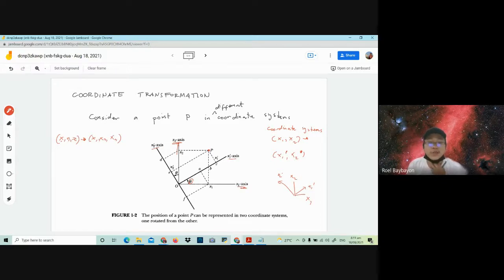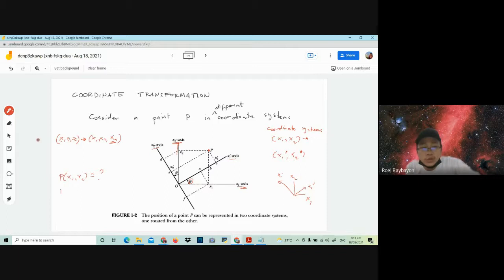Okay? So what we will find is this: what will be the point x1, x2? Just x1, x2, right? Because it is only 2 dimensions. We will generalize this later to x3. So what will be the point P with respect to the x1, x2 coordinate system?